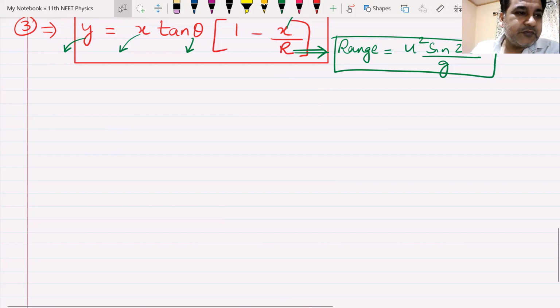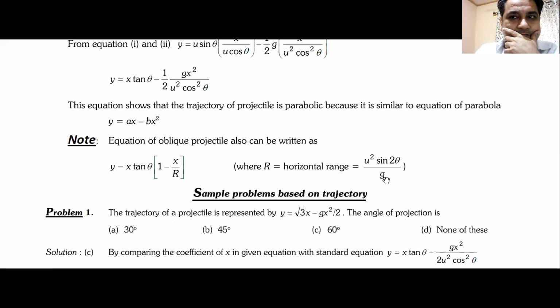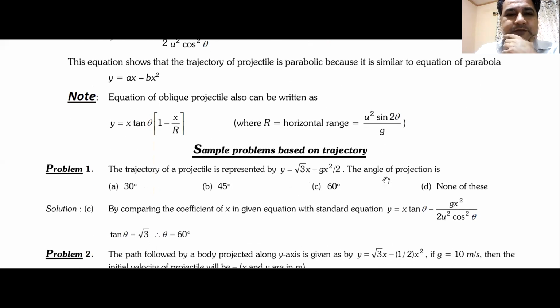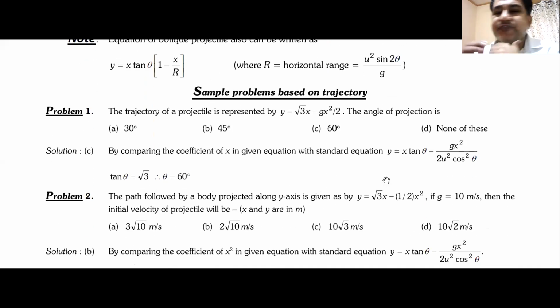Sure. Here comes the first problem. Problems based on trajectory. Problems are again taken from your notes.